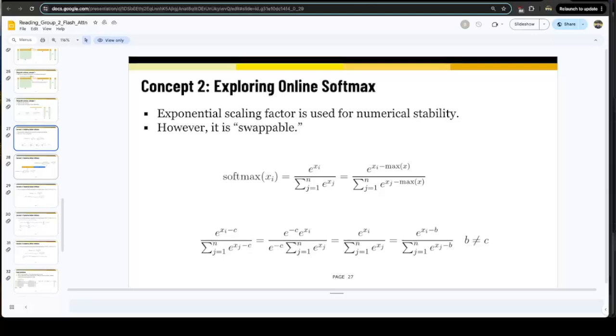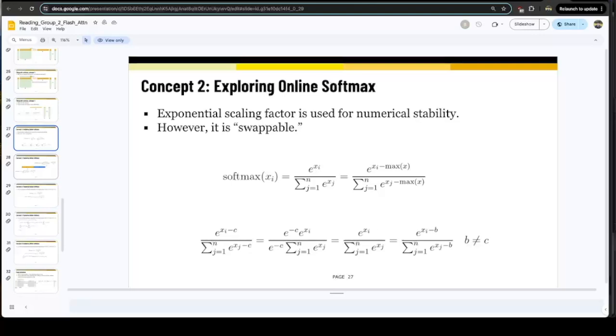If you ever actually try to materialize e to the x on hardware, and x is big enough to go out of the dynamic range of whatever data type you're using, you're in for a very, very bad time. This is when NaNs start showing up and things start exploding. And then you wake up the next morning and your training run has gone to hell and you're crying. At least that's my experience of it.